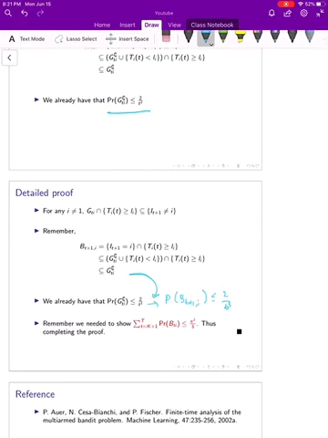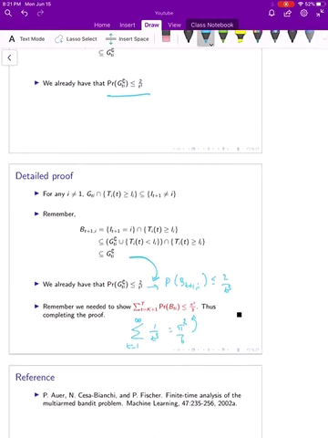And remember that the summation of 1 by t power 3 from 1 to infinity is pi square by 6. So this is this result.